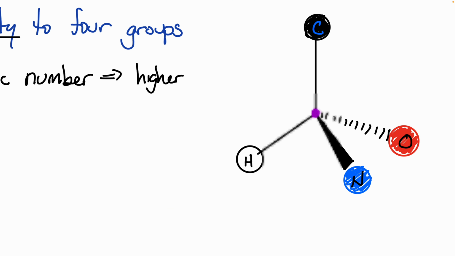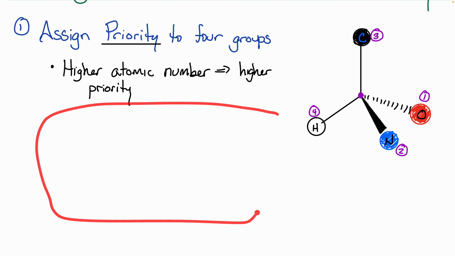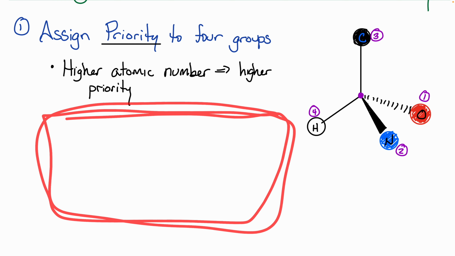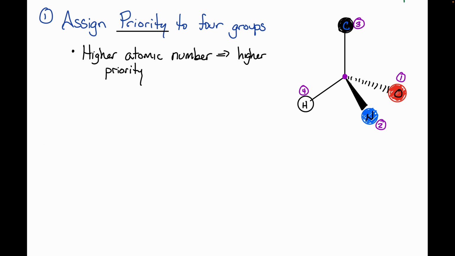Oxygen's highest atomic number, that gets priority 1, then nitrogen, then carbon. Last is going to be that lowest atomic number, hydrogen. So I've assigned these groups priority. I'm going to leave a little bit of space here because we're going to talk about more complicated ways of assigning priority. But for this simple example, we can move on to step 2.